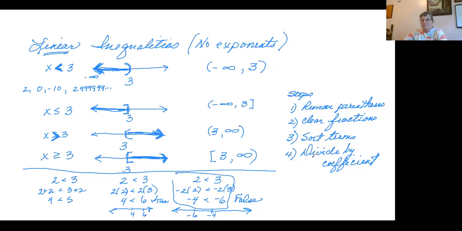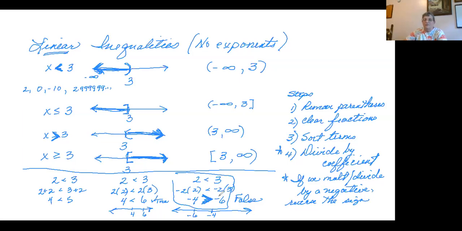Got a problem here. In an inequality, if we multiply or divide by a negative number, we have to reverse the sign. In other words, take this sign and rewrite it so that it points the other direction.